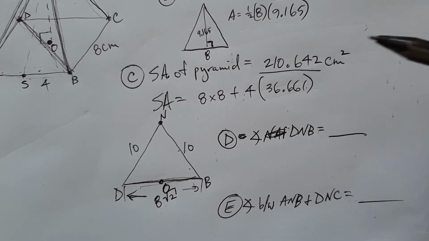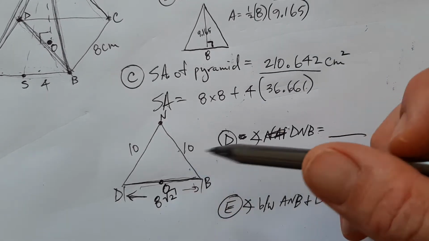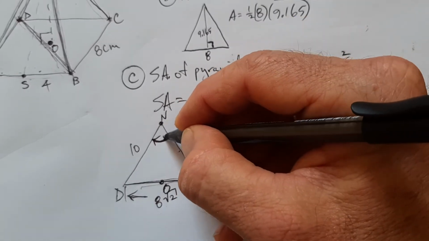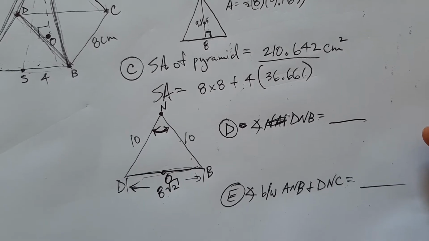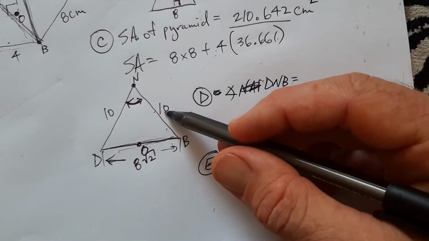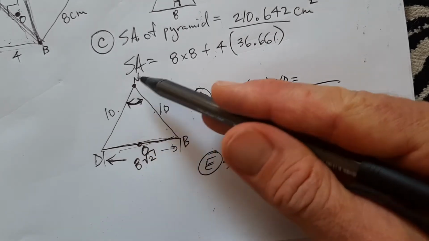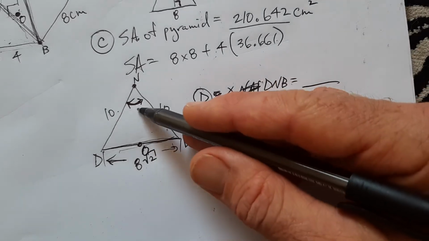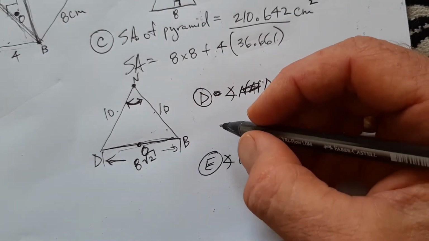And now that I have this, I want to find this angle right here, angle DNB. How do I find that angle? It's what we learned in the last lesson. I have all 3 sides of a triangle, and I don't have any angle. How do I find an angle? I've got this opposite side.